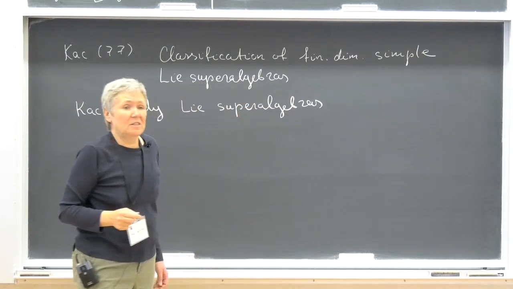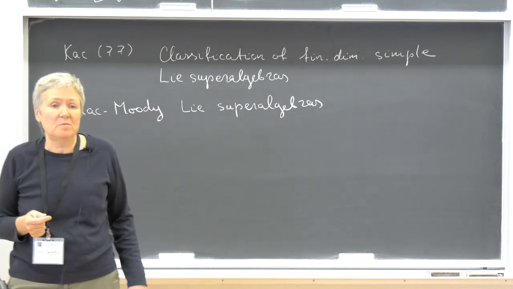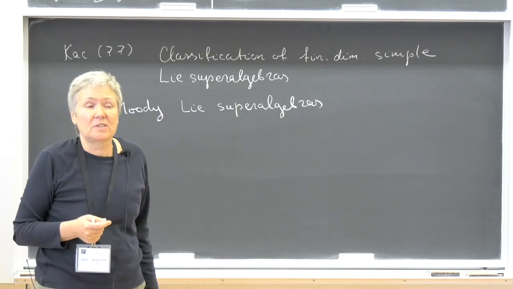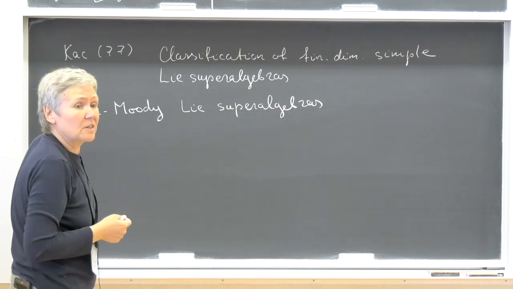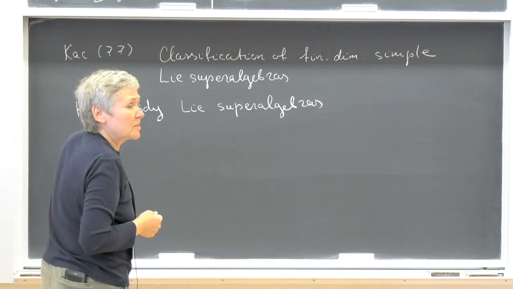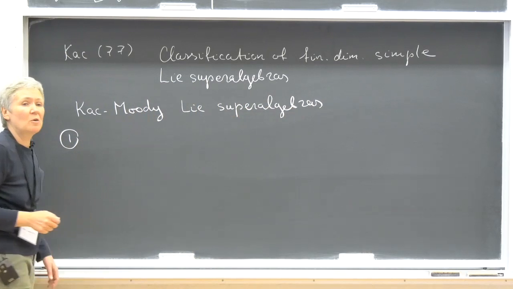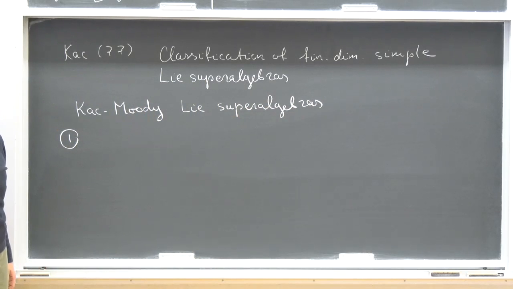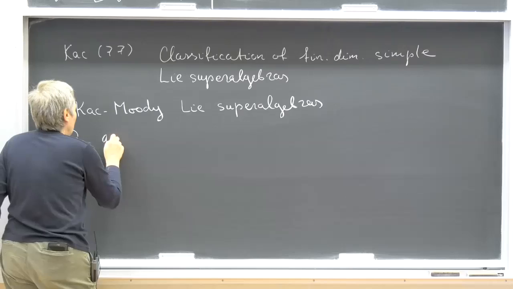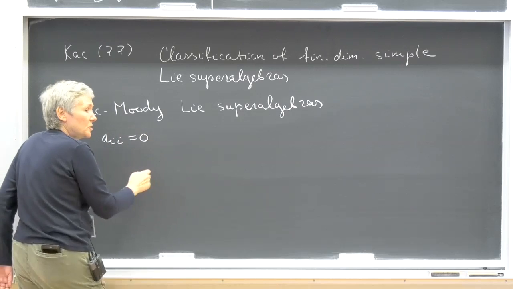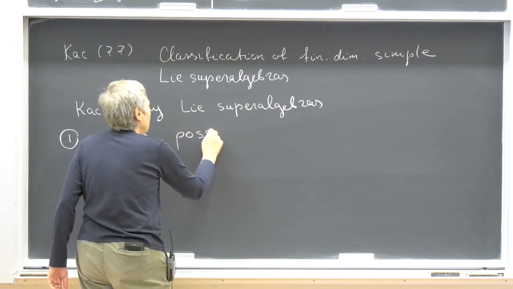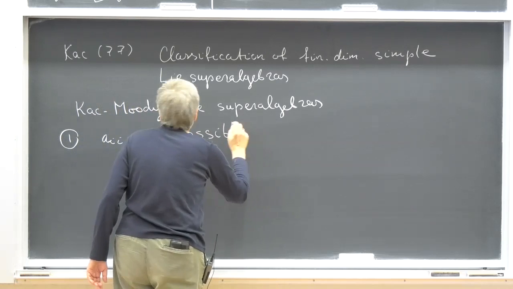And then immediately, if you start working with these superalgebras, you will notice two new things compared to this definition over there. And the first thing is, but of course now zeros are allowed on the diagonal, possible, like in the Borcherds algebras.